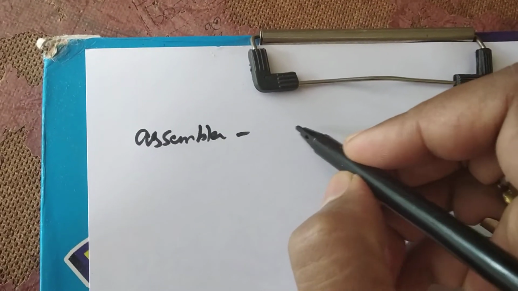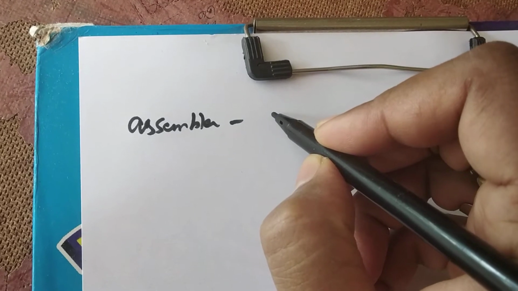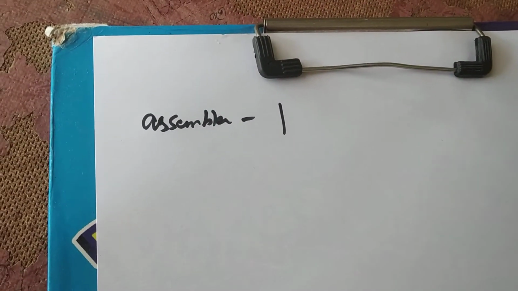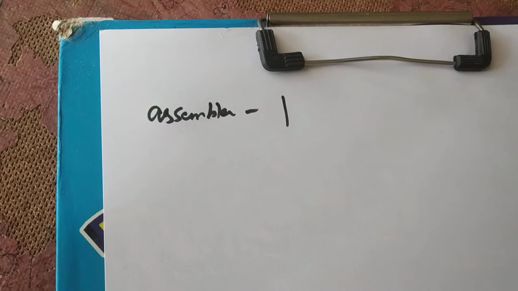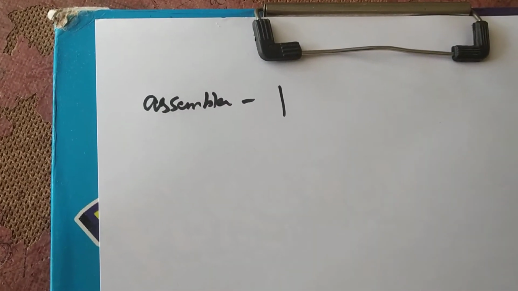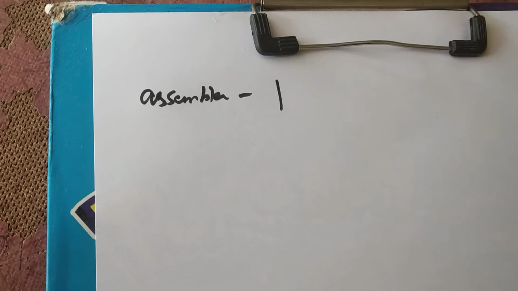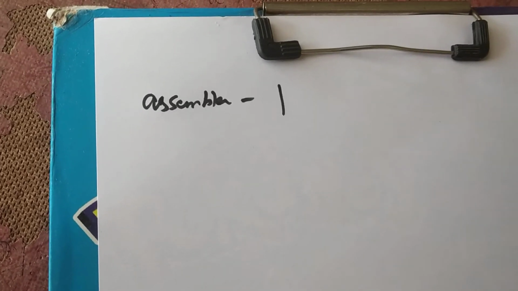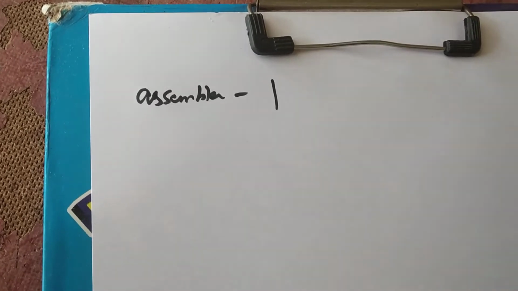An assembler converts code that is written in mnemonics, that is, the information that is accepted by the user to understand what is happening with the machine. The example I dealt with is move immediate A with some data.